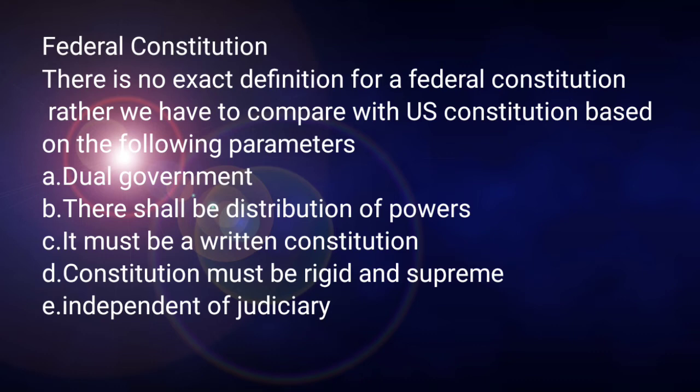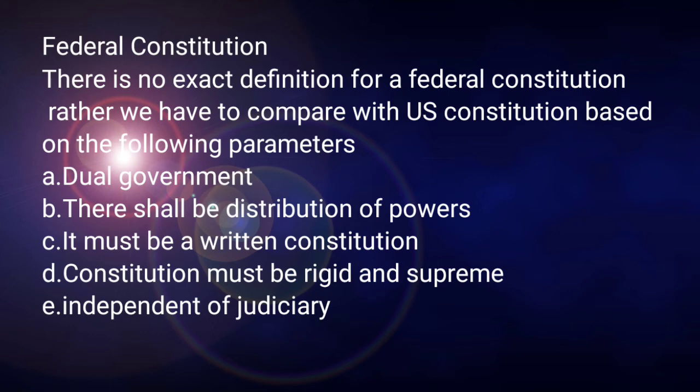While matching any other constitution with the US constitution, we have to understand the following parameters. The first one is dual government. There must be a government in the state, and at the same time there must be a government at union level or at central level. Then only it can be treated as a federal constitution.